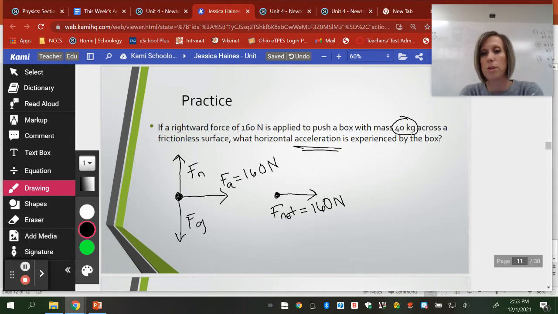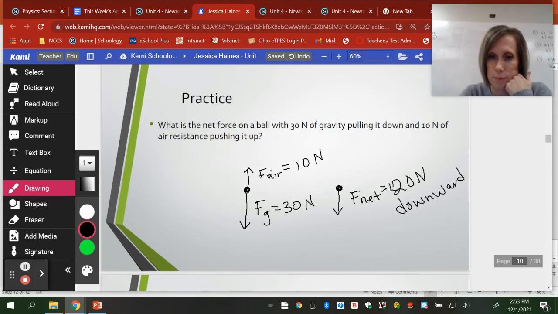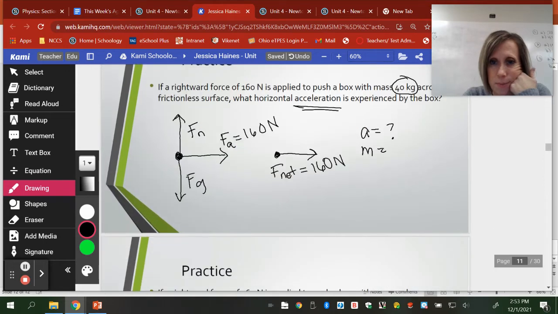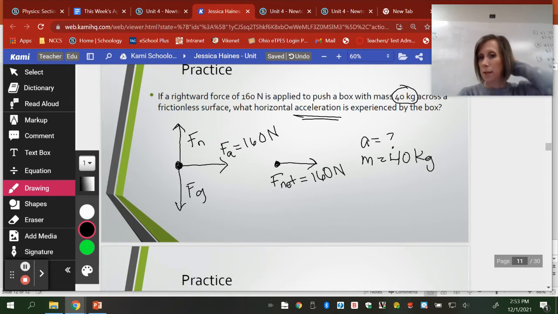Now they want to know something different. What is the acceleration? So we're going to list our variables. We have acceleration as our question mark. We have mass as 40 kilograms. And we know the overall net force.